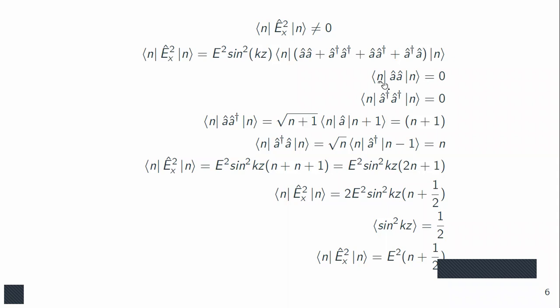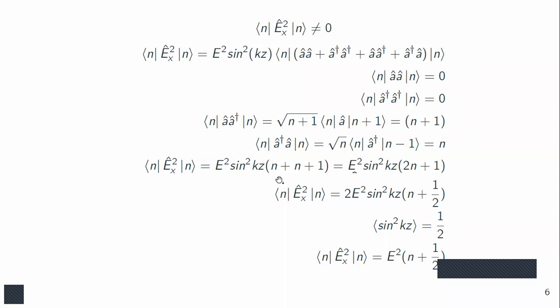These values are 0 for the square of the creation operator and the annihilation operator, but the values are non-zero for the product of the annihilation and creation operators, and it could be manipulated like this. So the overall quantity, the expectation value of the amplitude square, is given by E squared sine square kz times (2n plus 1).